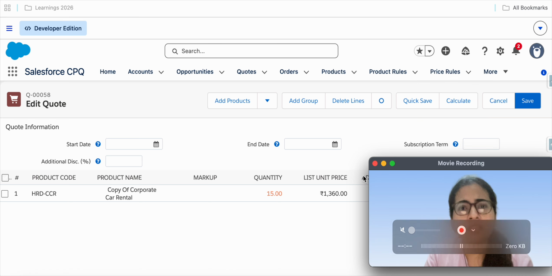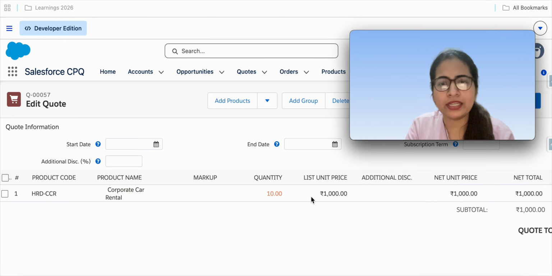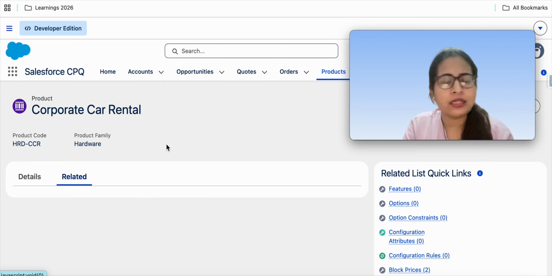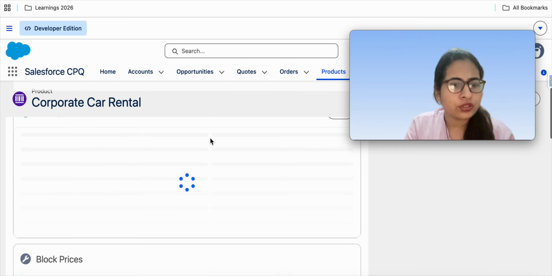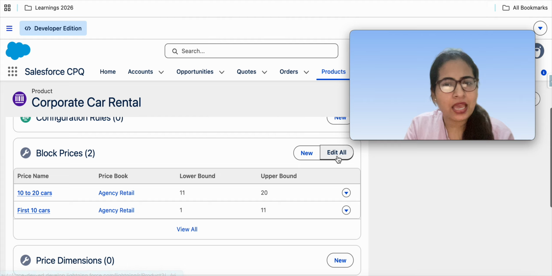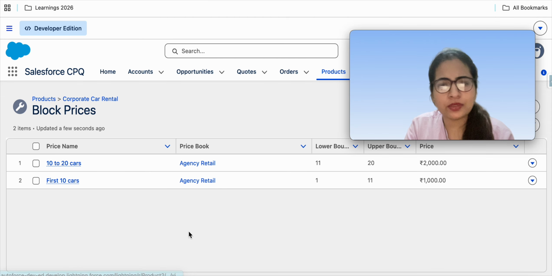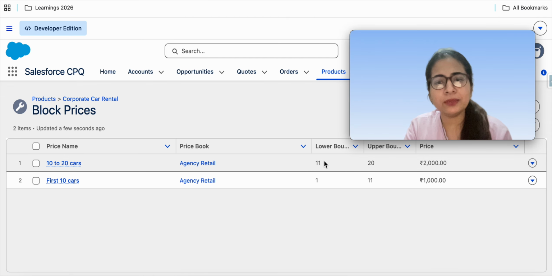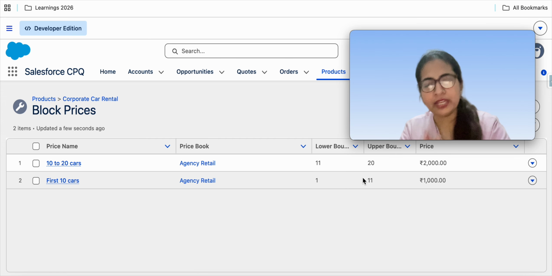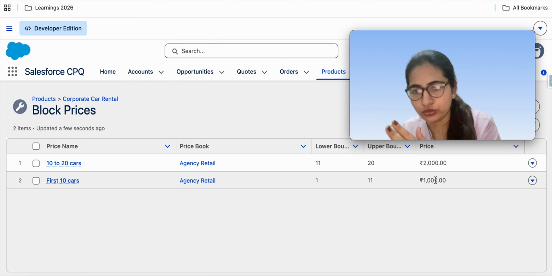Allow me a minute. This is usually how it will look. This is the quote line editor. Let me go to the corporate car rental. Here we have the block prices. If the number of cars is between 1 and 11, meaning minus 1, so for 1 to 10 cars we are charging 1000 rupees.